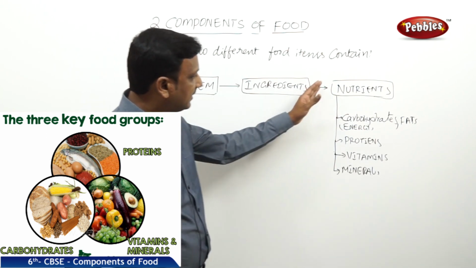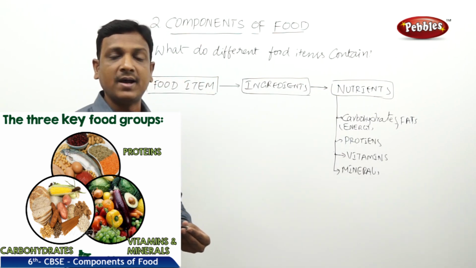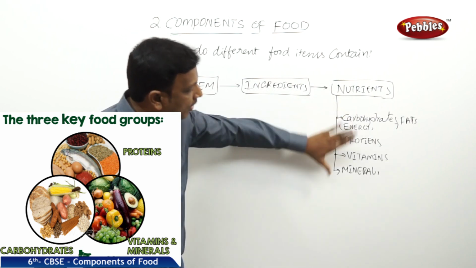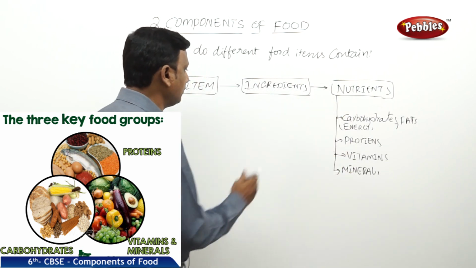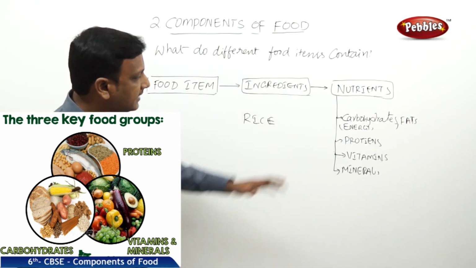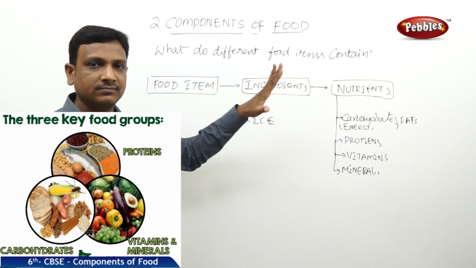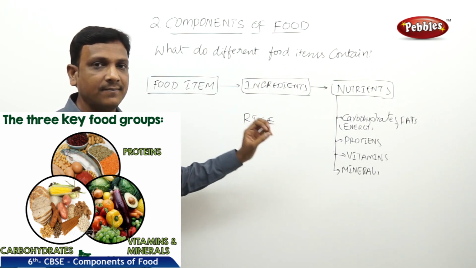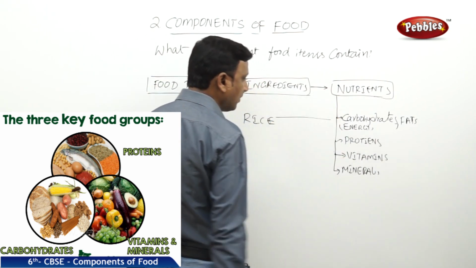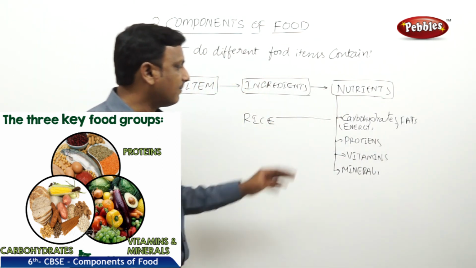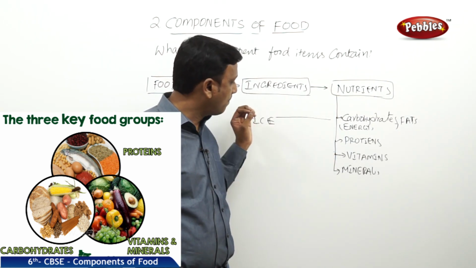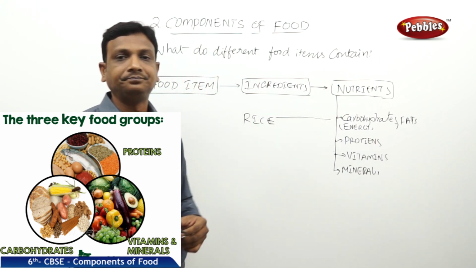So these are the nutrients present in the food item. I already told you that every ingredient does not contain all these nutrients. Say for example, you take rice. The rice may not contain all the nutrients, but it contains some nutrients in larger quantity. Say the rice contains maximum carbohydrate, a very small amount of mineral and vitamin content, but the major part is carbohydrate.